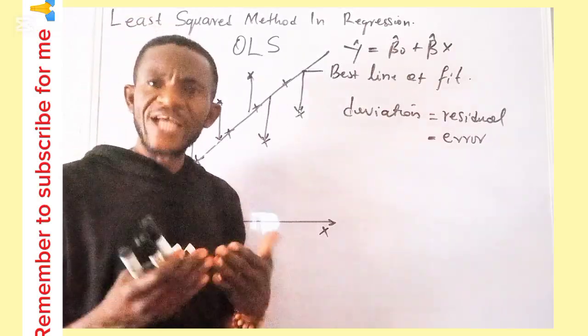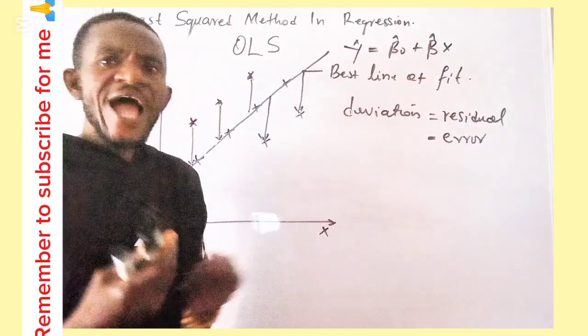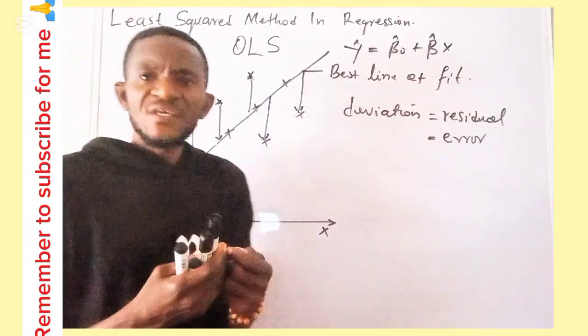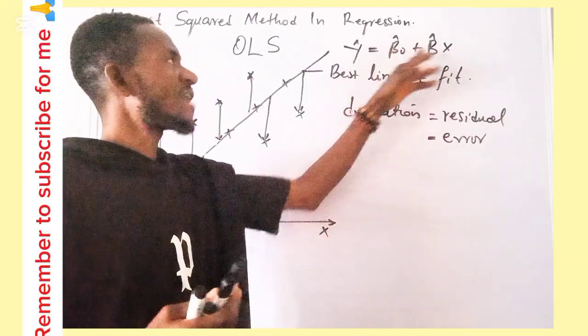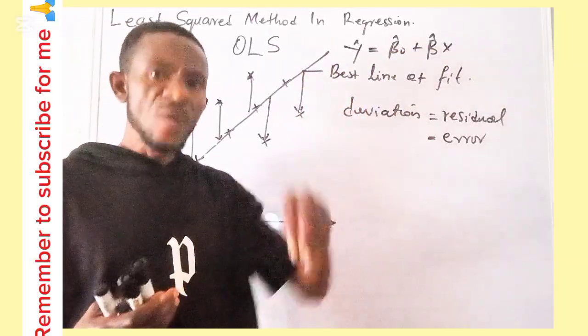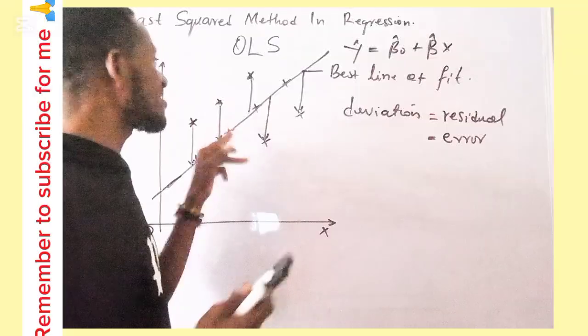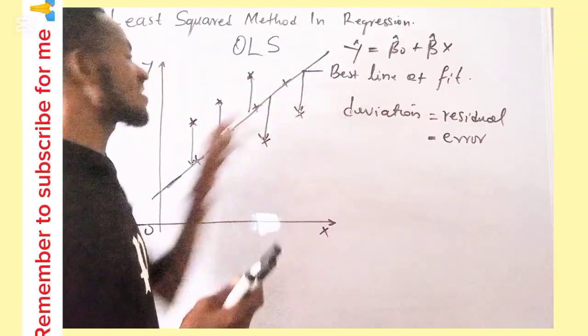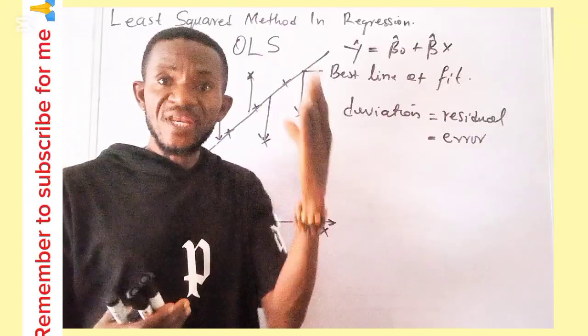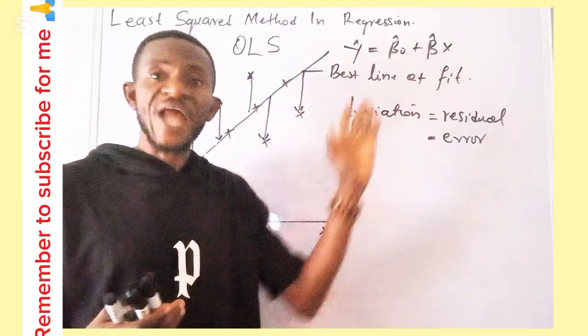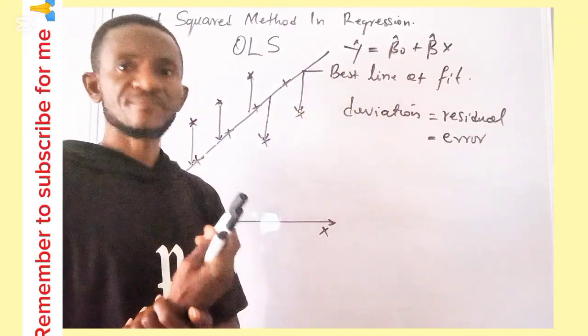So we are now going to ask ourselves, what are going to be the estimators for beta 0 and for beta in such a way that the squared deviation of the data points from this line is going to be least, or minimal, when compared to other methods.